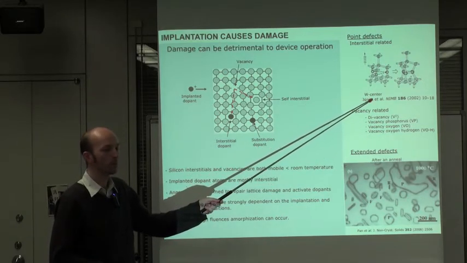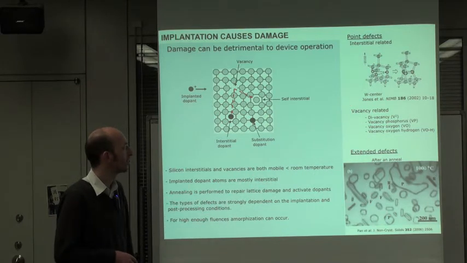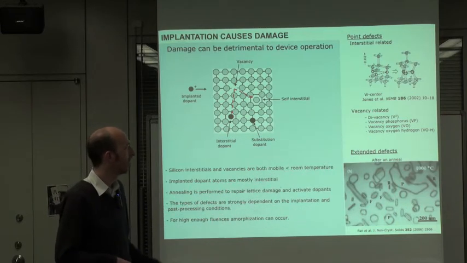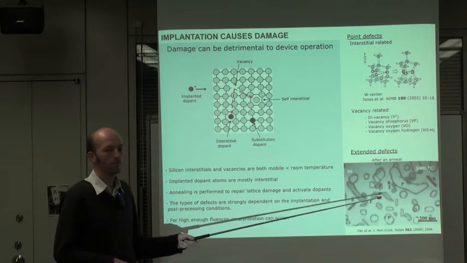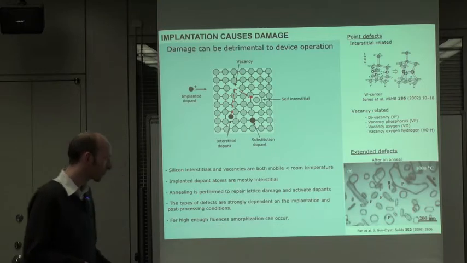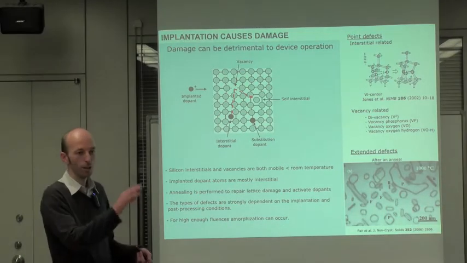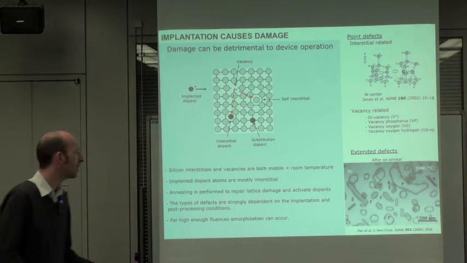For example, the W center, which is a cluster of 3 interstitial silicon atoms, which I'll speak about later. Or you might have vacancy-related defects, like divacancies. After anneal, under some conditions, you might form these dislocation loops as well. But if the fluence is greater, you might get a phase change into amorphous silicon.